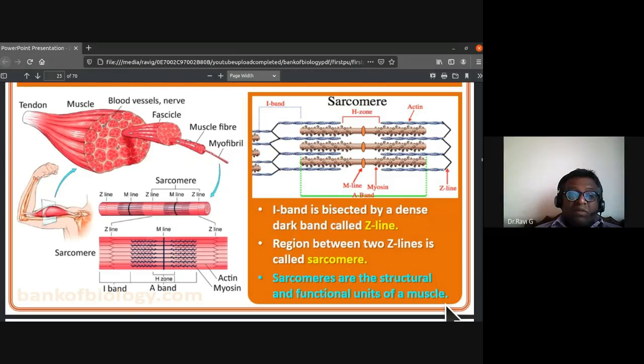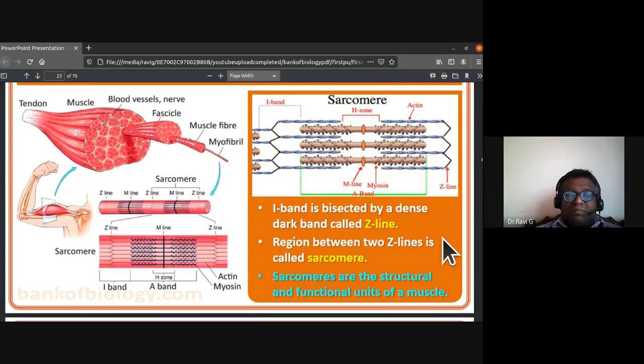The I band, the isotropic band, is bisected by a dense dark band, which is called the Z line. The region between two Z lines we call a sarcomere. What are sarcomeres? They are the structural and functional units of a muscle.